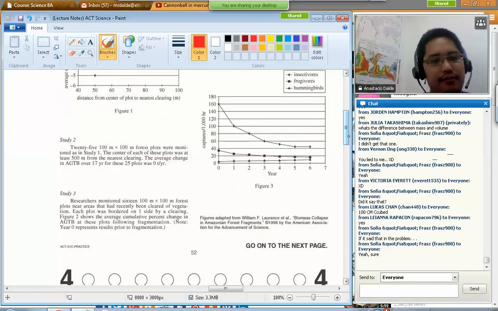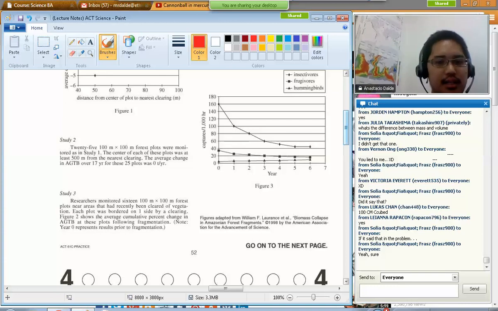Study 2, 25 100 meter by 100 meter plots were monitored. The center of each of these plots was at least 500 meters from the nearest clearing. The average change in AGTB over 17 years for these 25 plots. Okay, I don't even understand that, Study 2, but alright, whatever. Study 3: researchers monitored 16 100 meter by 100 meter forest plots near the areas recently cleared of vegetation.